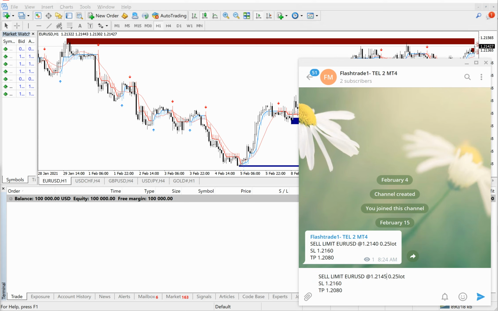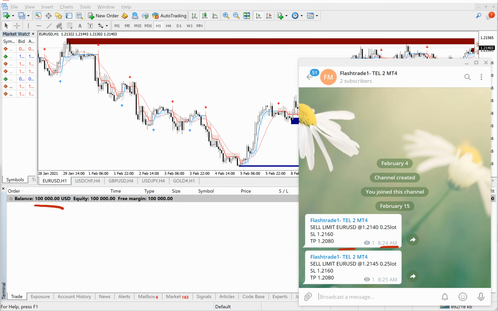and you can see that here I am sending the signal taking into consideration the 100k capital. So here the lot size that I have set for this currency pair, Euro USD, is 0.25 lot size, and 4 entries will be placed here, and I'm sending the signal over here. So you can see that the pending order has been placed.